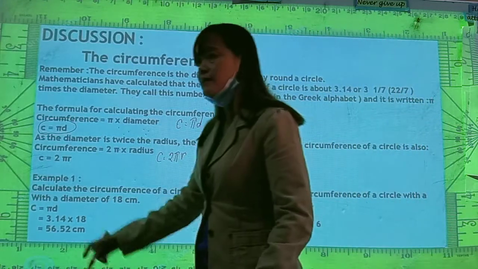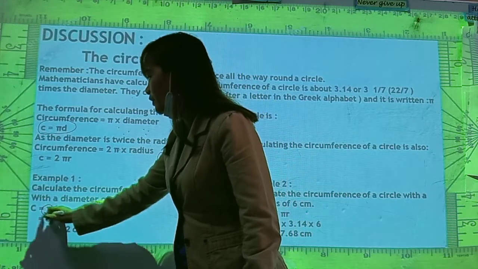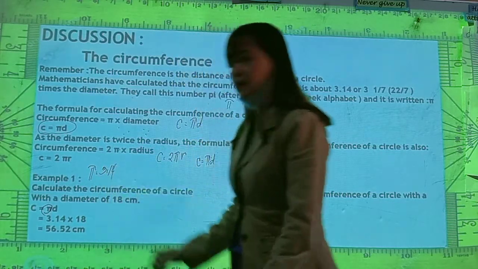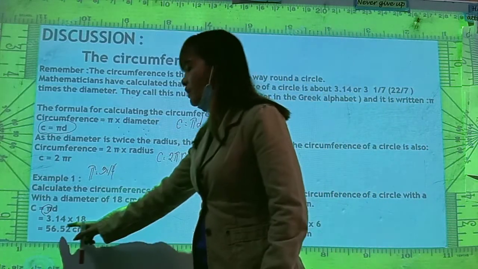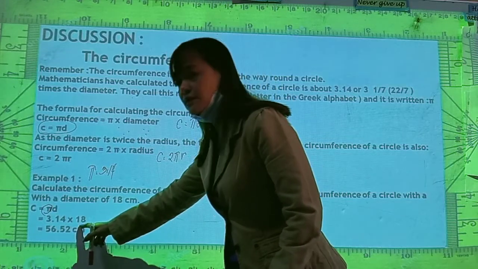By substituting, the value of pi is 3.14. Always keep in mind that the value of pi is 3.14, and the diameter is equal to 18 centimeters.